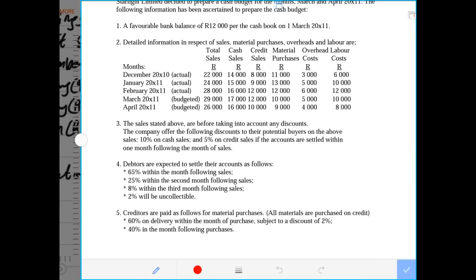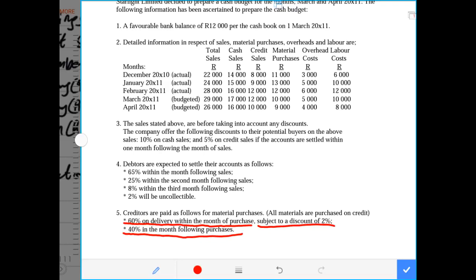The policy is very important because it guides us on how the payment takes place. The policy says that 60% is paid on delivery within the month of purchase, subject to a discount of 2%. Then 40% is paid in the month following the month of purchase, where there is no discount.